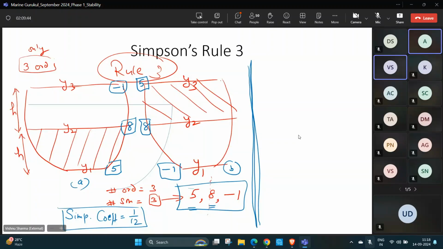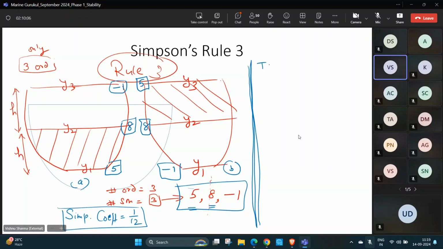Okay, now we said the concept of lever does not apply as far as moment is concerned. Now, if you want the geometric center of these areas that we are calculating, or the volume that we may calculate, we will need moment. To calculate the moment, we use another rule altogether different.